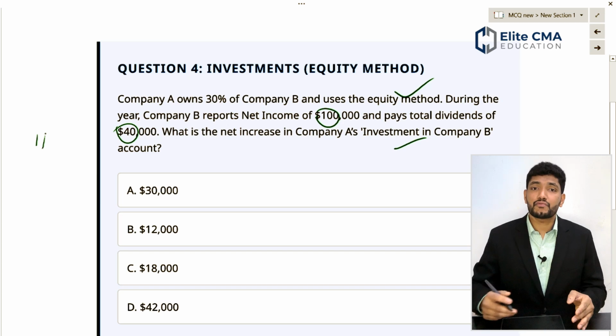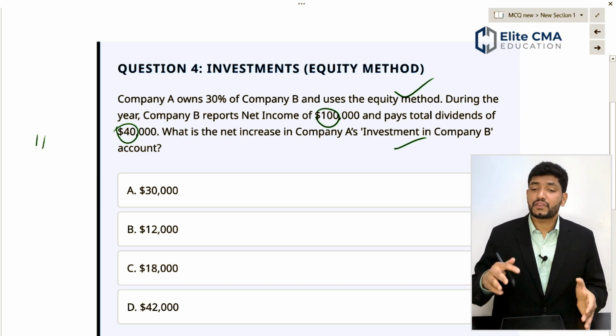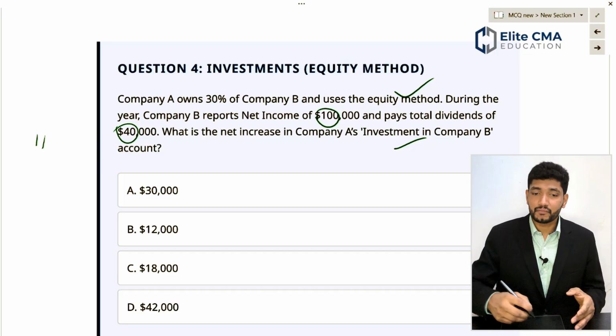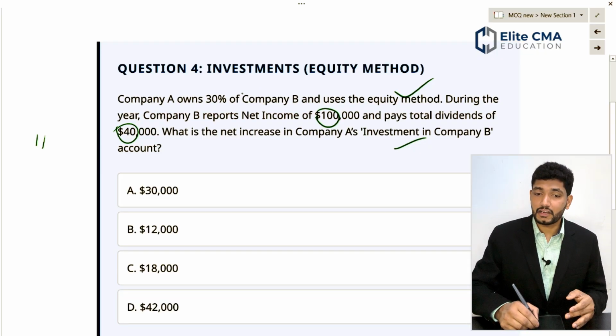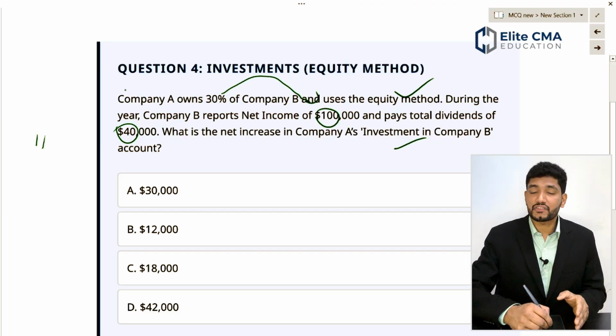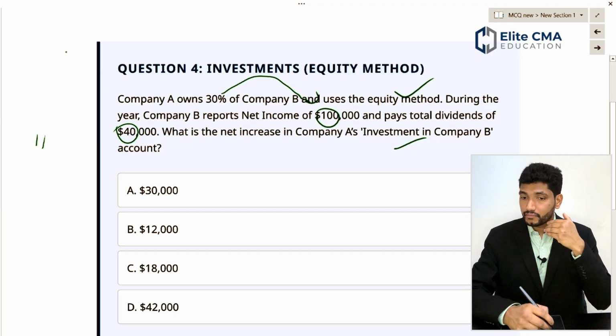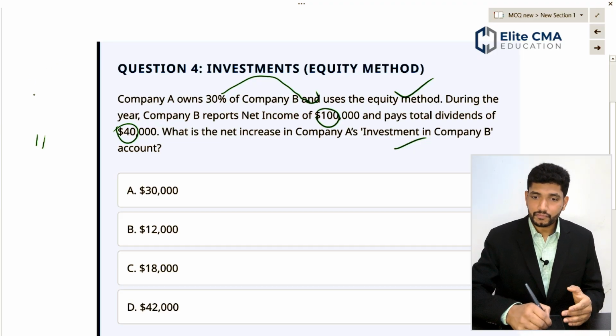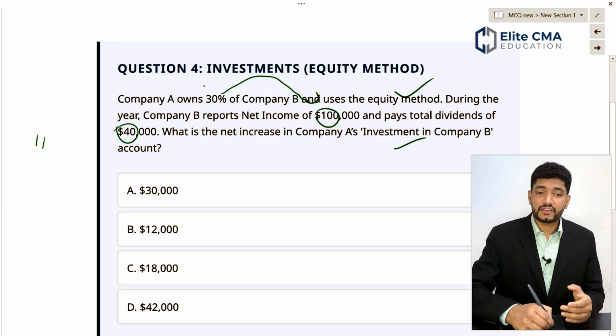Under the equity method, we already learned that if the company generated net income, your portion of that net income can be considered as an increase in your investment. In this case, it is 30,000.